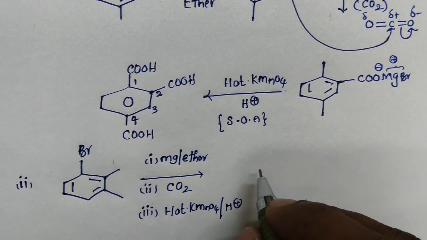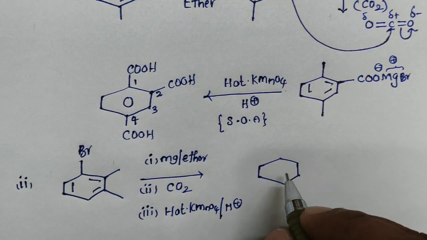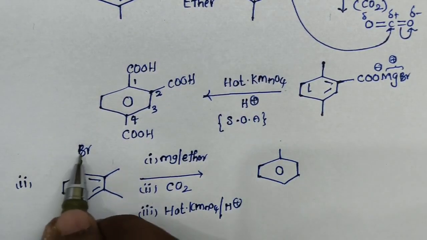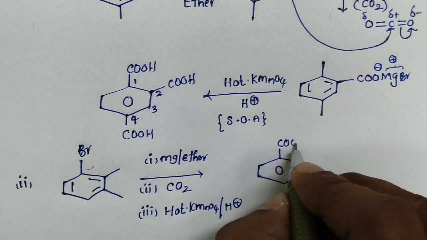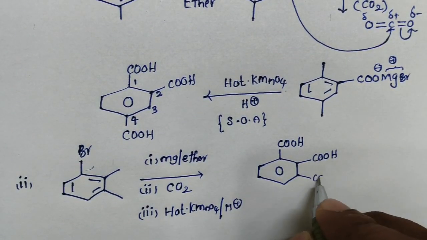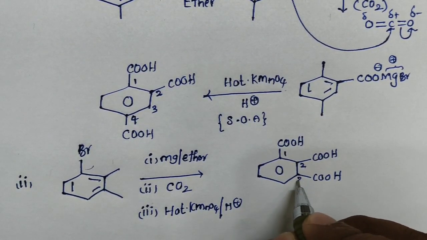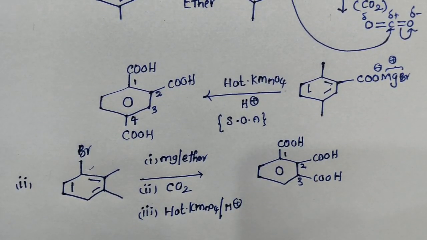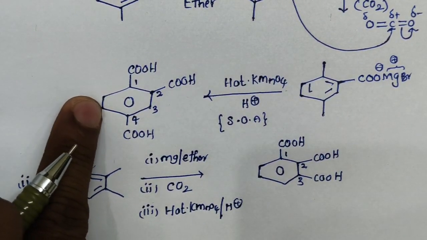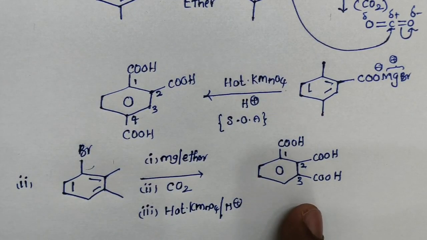So we get the final product. Just now we discussed the procedure, same here also. Now this bromine group is replaced by COOH, here also COOH, here also COOH. The positions are 1, 2, 3, so a 1,2,3-tricarboxylic acid is formed here. In the above case also there was one product that had carboxylic acids at the 1, 2 and 4 positions.